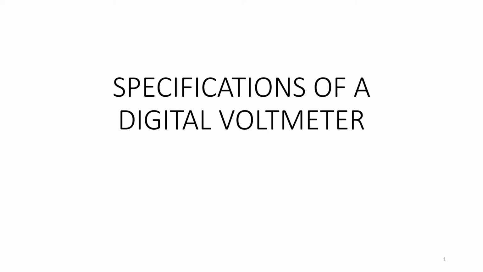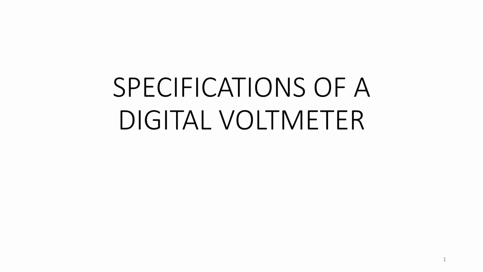Also, digital instruments display the measured quantity in discrete numerals, thereby eliminating the parallax error and reducing the human errors associated with analog pointer instruments.